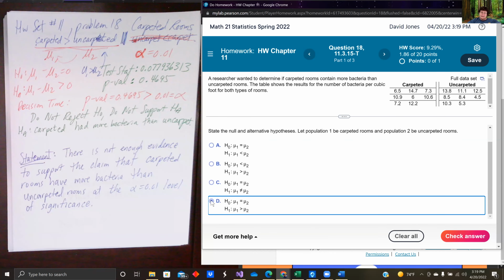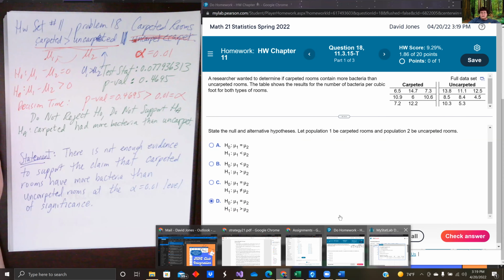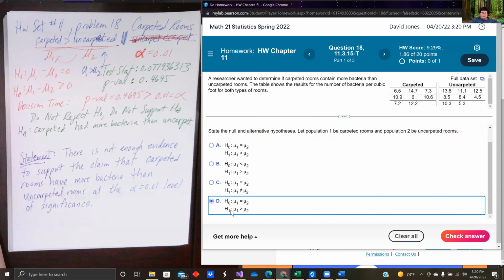For a book made by a publisher that includes StatCrunch as part of the program, you think they would write H0 and HA the same way that MyMathLab does, but do they? No. In fact, they even call it HA here, alternate hypothesis there, and in the homework problem, they call it H1.